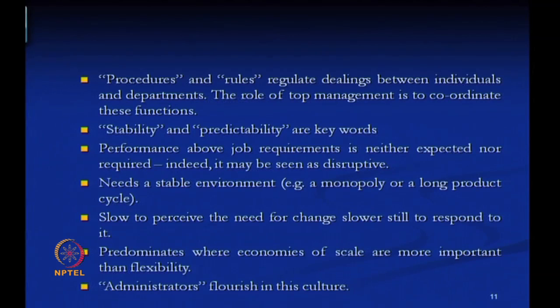This predominates where economies of scale and, more important, flexibility are lacking. Administrators flourish in this culture, and this is very often confused with a lot of aberrations, and we tend to attribute it to governance systems, but one needs to recognize that all governance systems need not necessarily be bureaucratic in their essence.